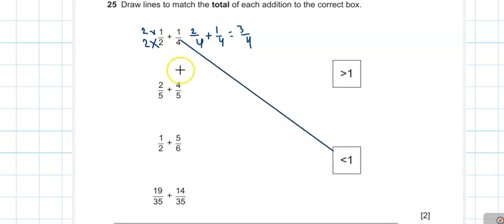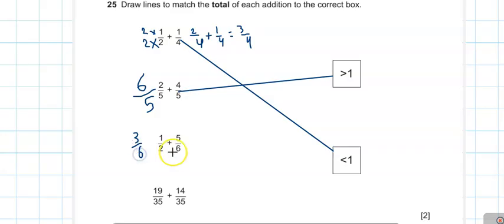The second one, 2 over 5 plus 4 over 5 is 6 over 5. 6 over 5 is an improper fraction, so it's more than 1. The next one, half is equivalent to 3 out of 6. 3 out of 6 plus 5 out of 6 is 8 out of 6, and 8 out of 6 is greater than 1.